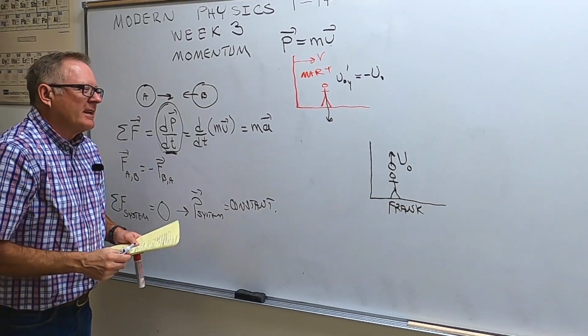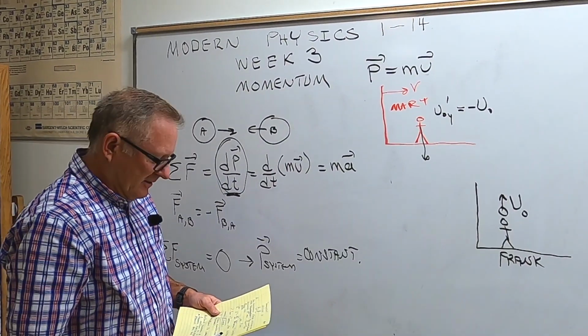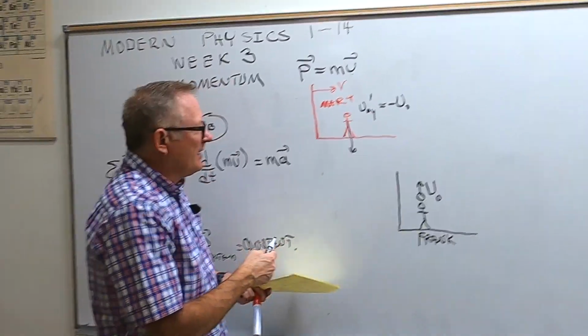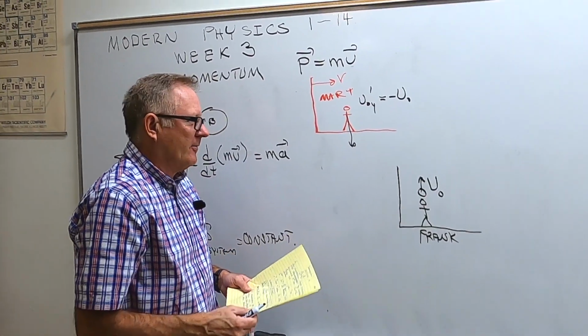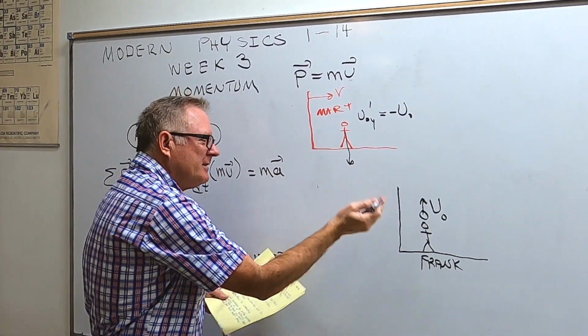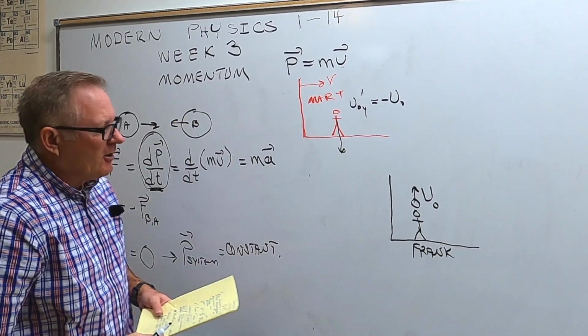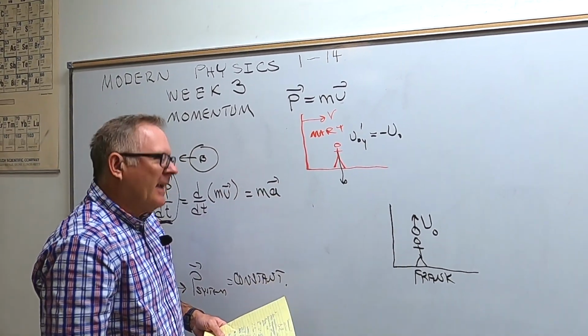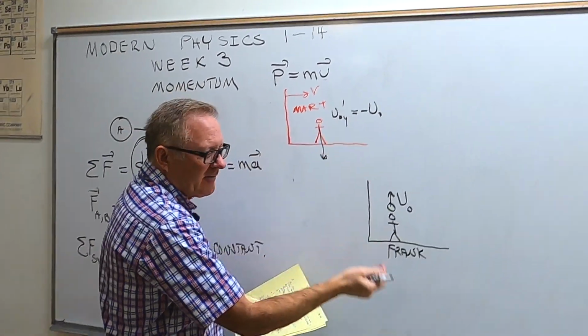Now we have to be a little careful here because there's a lot going on in this problem. You've got two different perspectives, Frank's perspective and Mary's perspective. You've got Mary's ball and Frank's ball. You also have the X motion and the Y motion for each one. And you also have before the collision and after the collision.